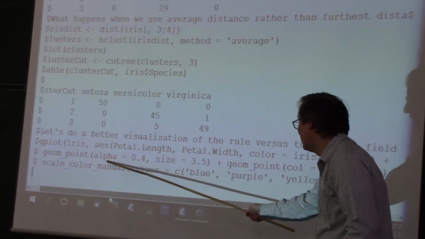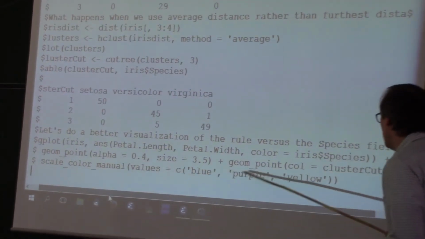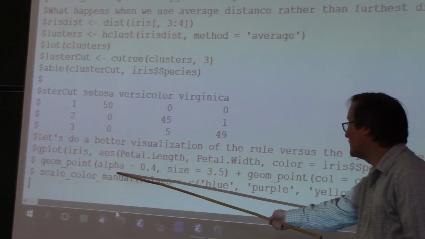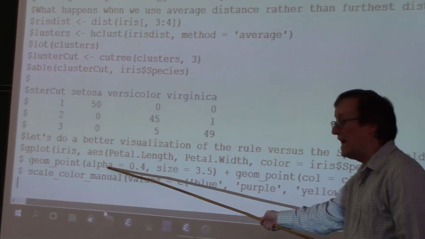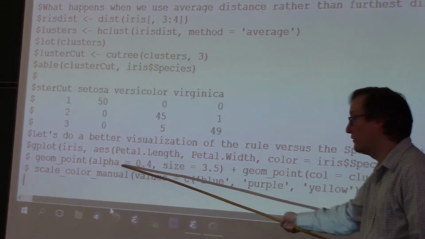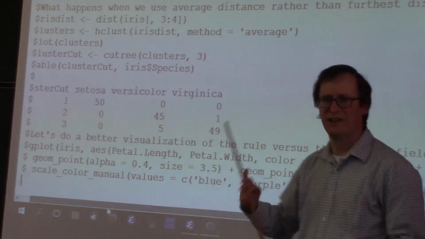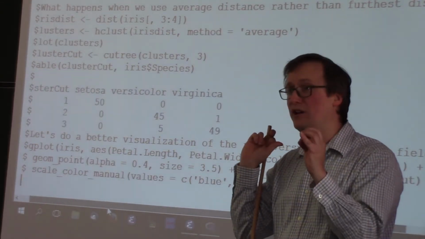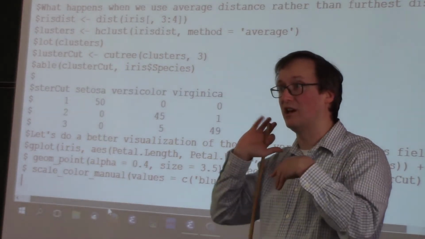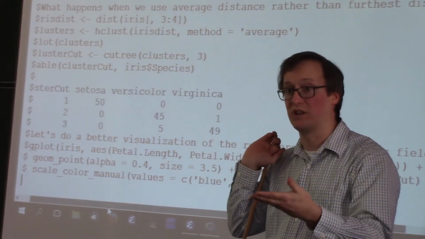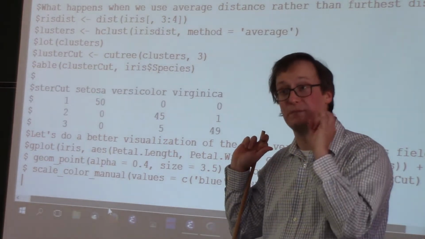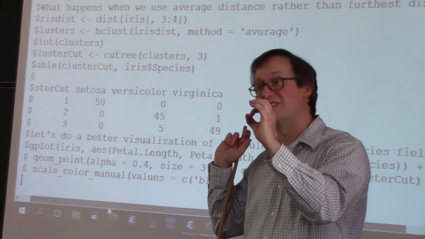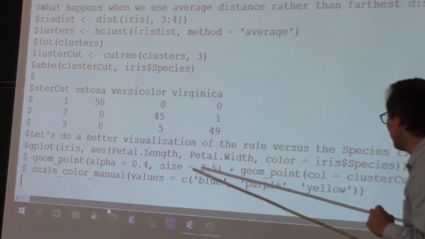On top of that, we've added points in different colors here. We've specified that the points that we're plotting here have an alpha value of 0.4 and a size of 3.5. That may not make a whole lot of sense to you, but I'll provide this clue that alpha, in describing the imaging and plotting work that we do, usually refers to the transparency of the points. So we're creating a semi-transparent dot that's pretty large, 3.5.